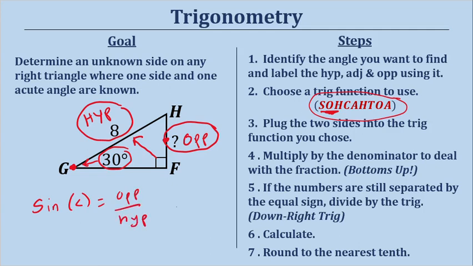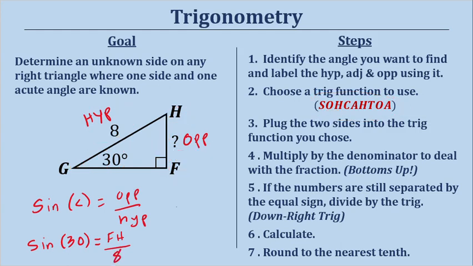From here, I'm going to plug in what I know. I know that my angle is 30, so I have sine of 30 equals my opposite, which I don't know, so I'm going to use its name, and the name of this side is FH. So I have FH over my hypotenuse, which is 8.